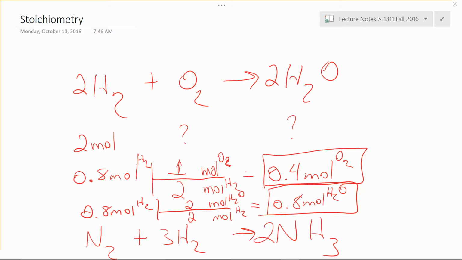Okay? And this is what we call stoichiometry. It's the process of using the ratios of the balanced chemical equation to be able to predict the outcomes of a reaction, or how much of one thing I need to react with another thing.